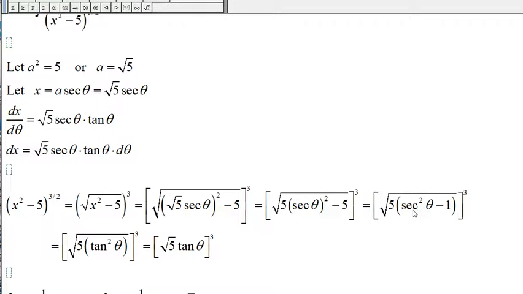From trigonometric identities, secant squared of theta minus 1 is tangent squared. The square root of 5 times tangent squared will be the square root of 5 times tangent of theta. And then we have the third power outside here.